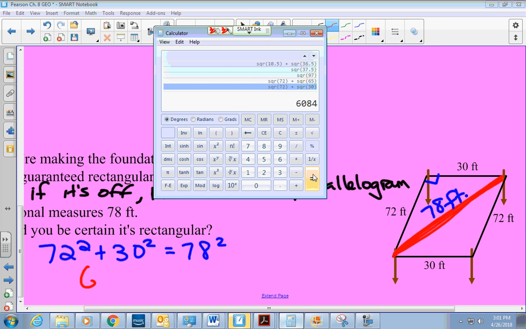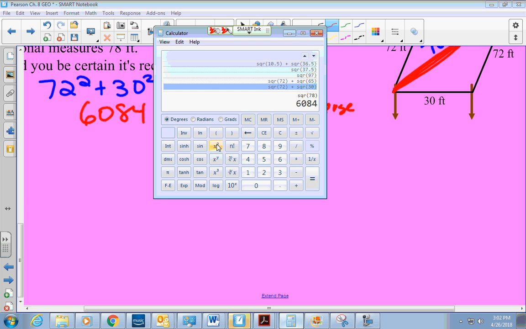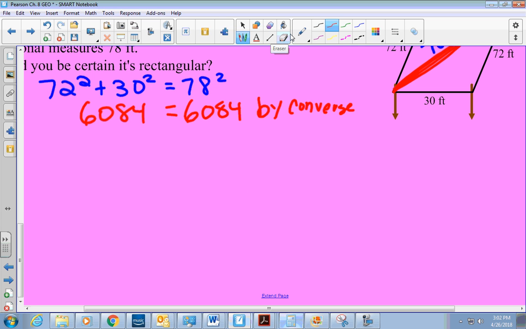This is 6,084. I'm putting the equal sign there, but that's just a hopeful equal sign. If I'm doing this project, I'm hoping it's going to equal 78 squared. Yes, it does. And by the converse of the Pythagorean theorem, it's a rectangle.